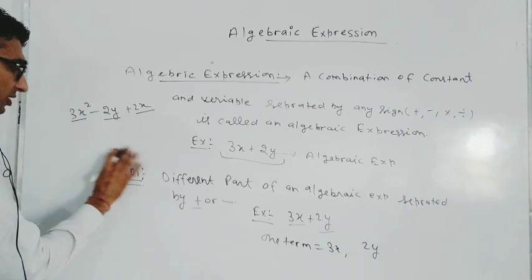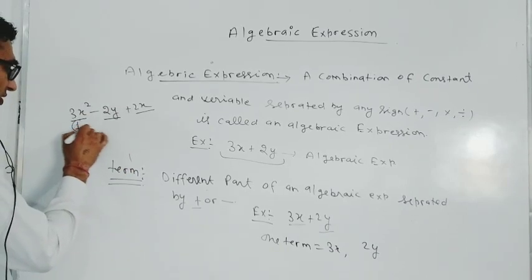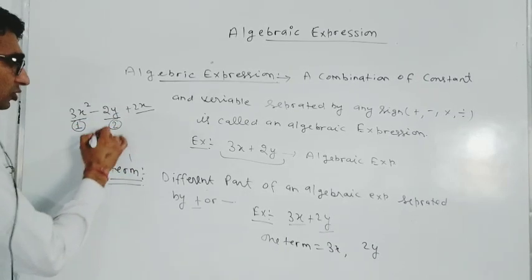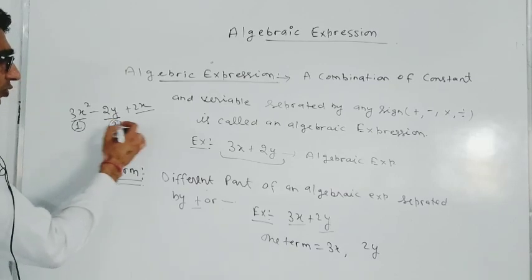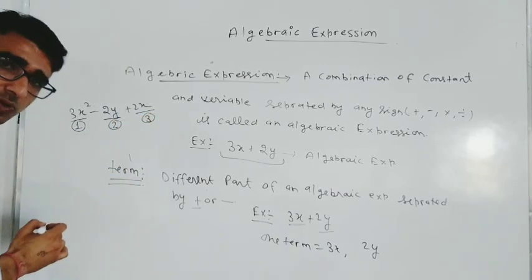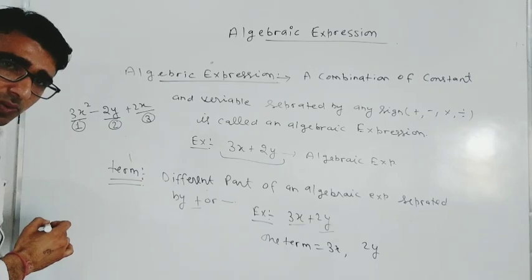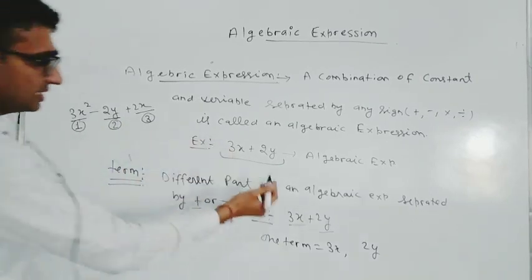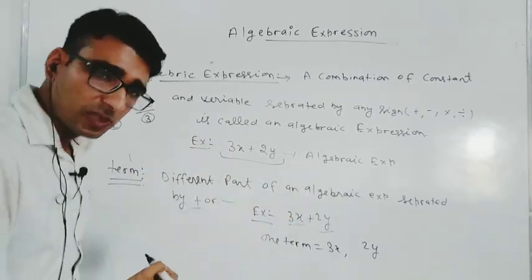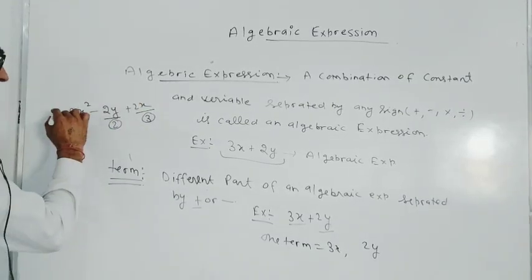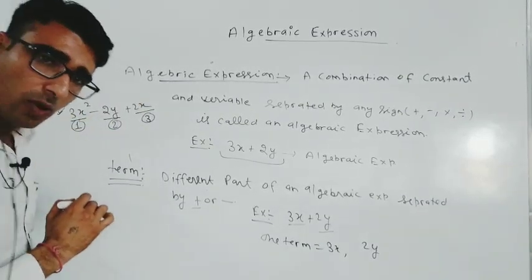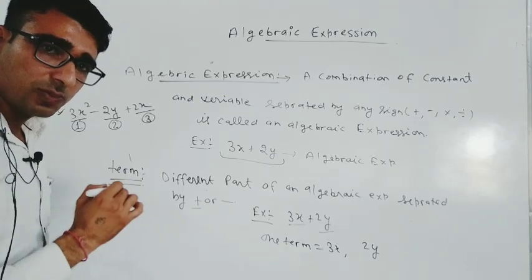So what is the term here? One term is 3x square, second term is 2y, third term is 2x. Is it clear to you, beta? So different part of an algebraic expression separated by plus or minus is called term. I hope you got this point.